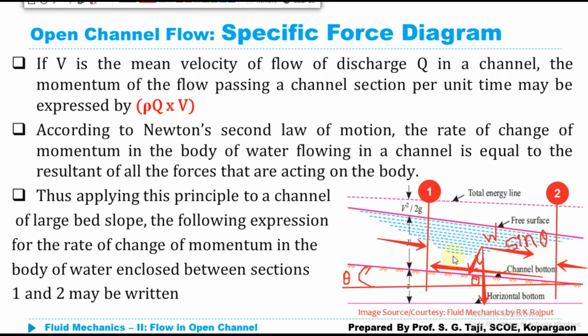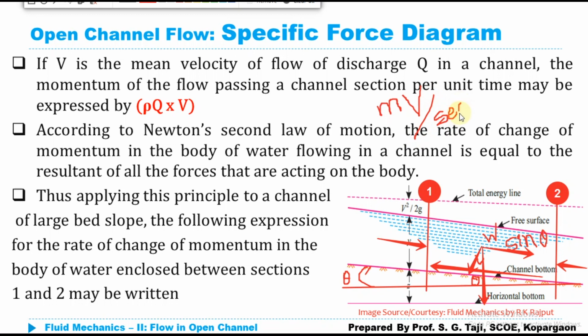Now all those forces will be determined by using the momentum principle. So what is momentum? Momentum is given by mass multiplied by velocity, and the momentum of the flowing water is measured with respect to time, that is per second.